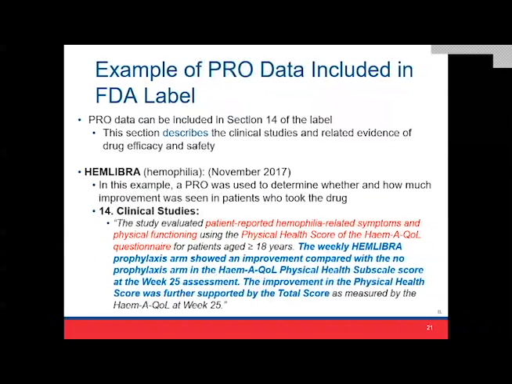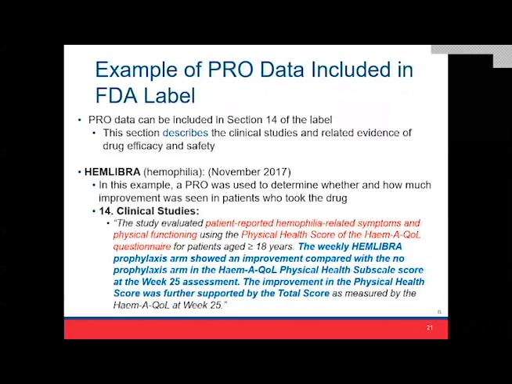This example shows that a PRO was used in these hemophilia patients to determine whether and how much improvement was seen in the patients who took the drug over the course of this trial. Because there was improvement for the patients who were in the Hemlibra arm, this information was then put into the USPI.